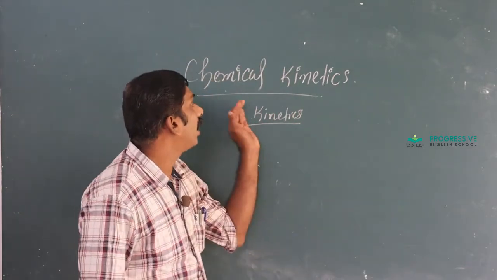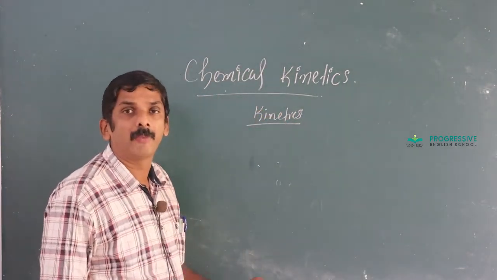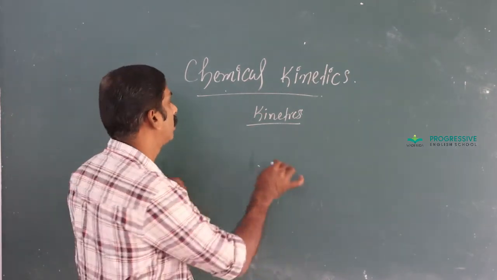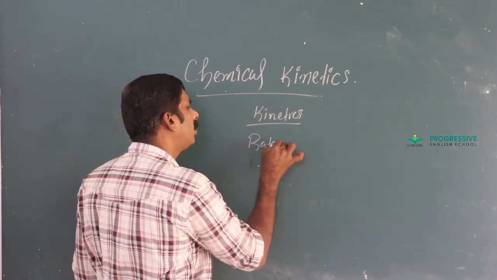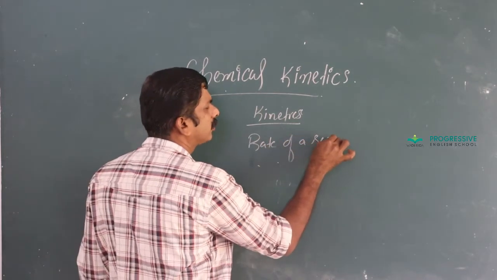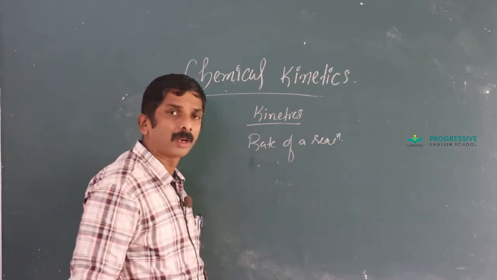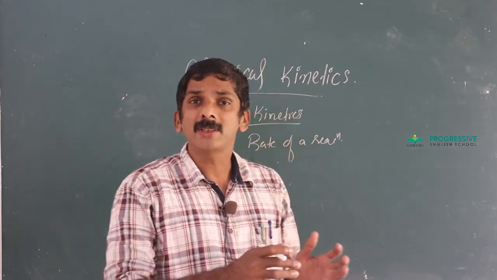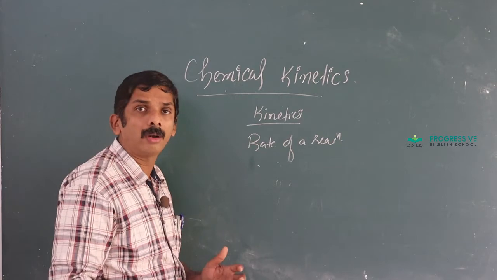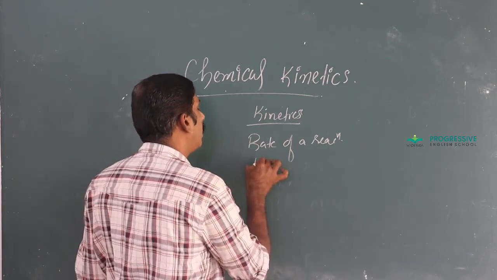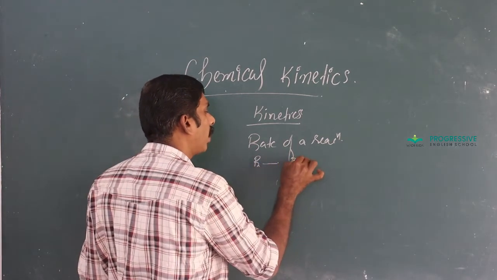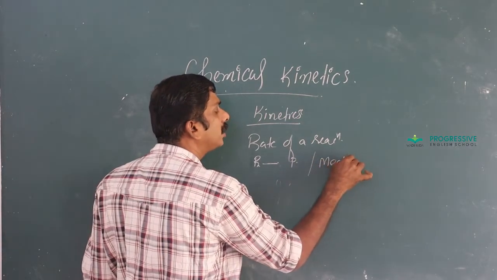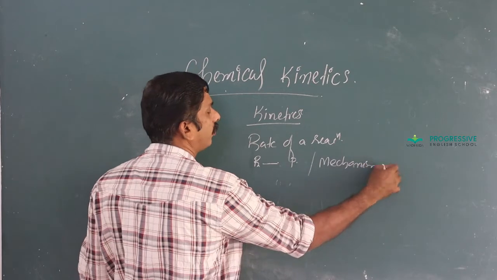Chemical kinetics is a branch of chemistry which deals with the rate of a reaction and also the different steps involved in the conversion of a reactant to product, which is generally termed as the mechanism of the reaction.